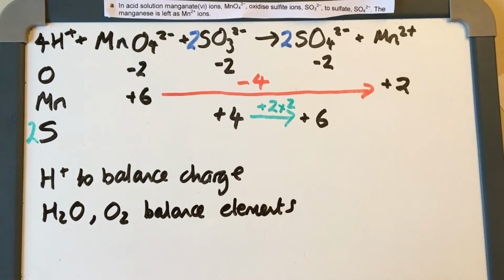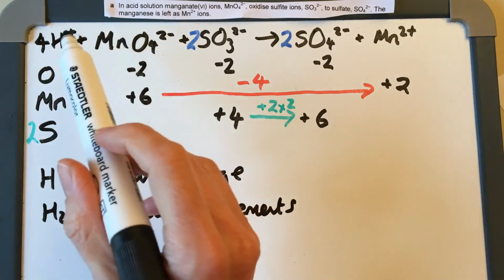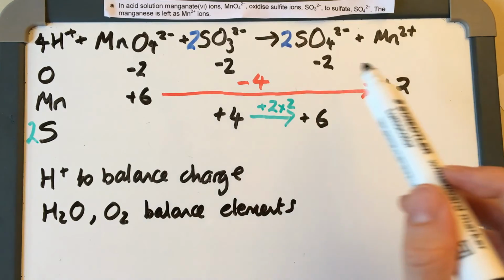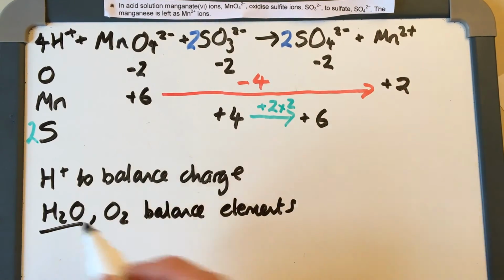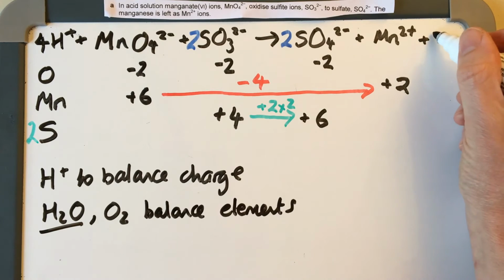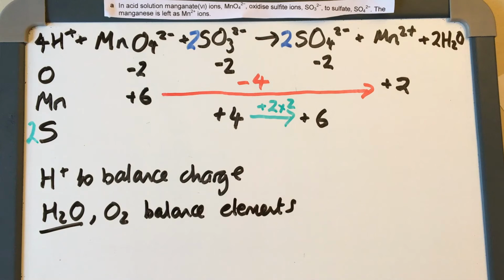So let's have a look at what we've got. We've got 4 H pluses over here and none over here. So I need 4 H's on this side. So I can add some waters. So I'll add 2 waters over here. And then I need to check my oxygens.